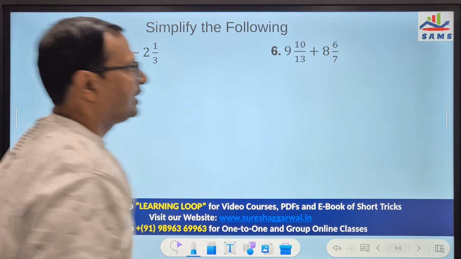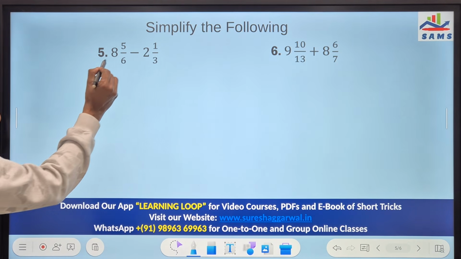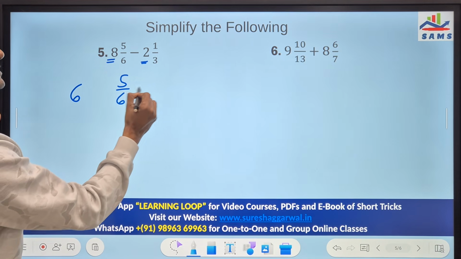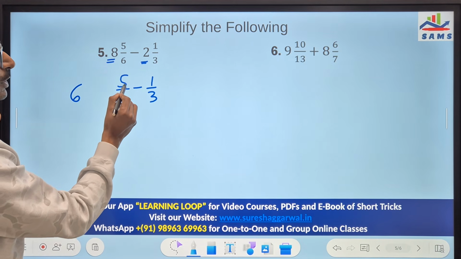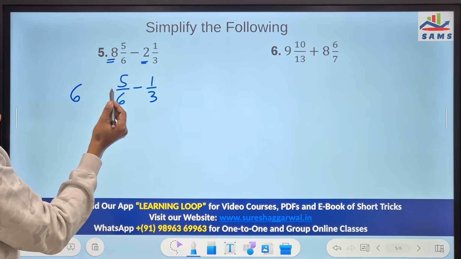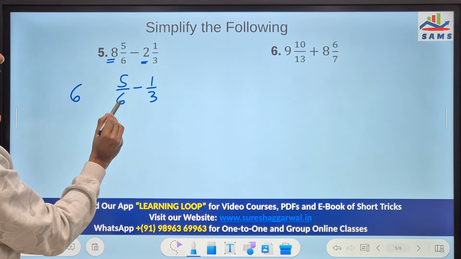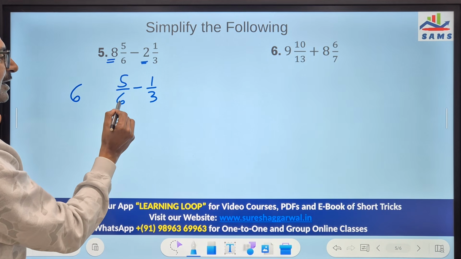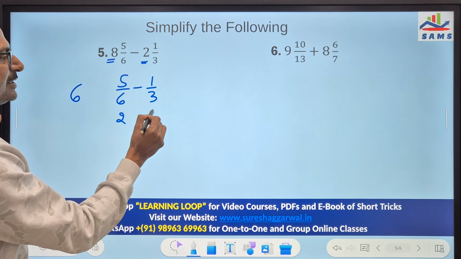Now let's see two more questions. 8 minus 2 is 6, and then we need to do 5 by 6 minus 1 by 3. Let's do the butterfly again. You can actually do the butterfly, or you can remove the common factor. 6 and 3 has a common factor 3, right? So 6 divided by 3 is 2, 3 divided by 3 is 1.